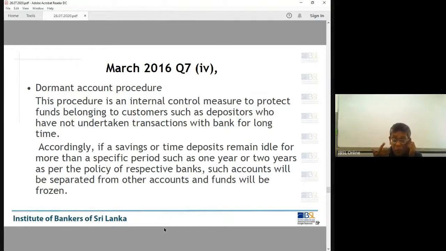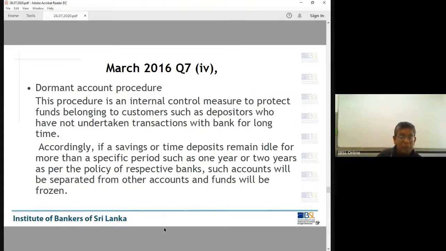Now, if you get to know that these accounts are not operating, some of the employees try to get involved with a third party and withdraw that money from the bank. But you are the person who knows this account has not been operating for so long. So we need to protect these accounts, protect these loans.